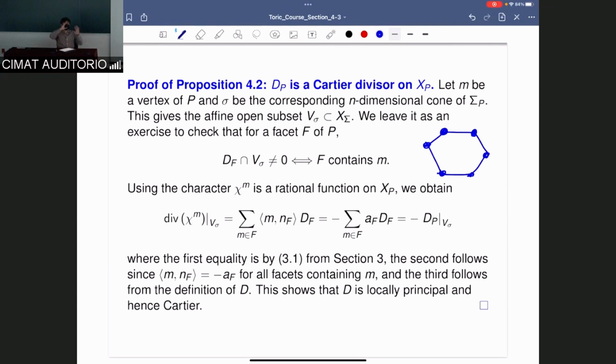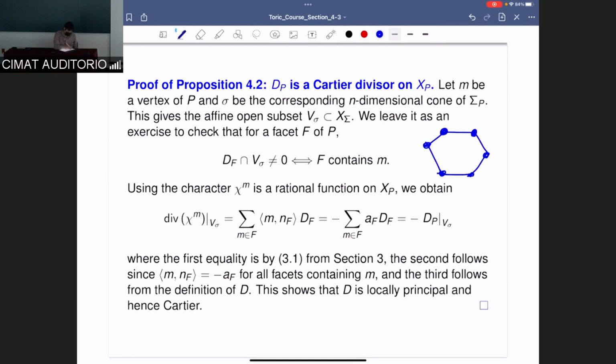And each of those gives you an affine open patch in the variety. And by the way that the orbits are included, that's a cover. If I take, for example, the open patches corresponding to the rays, I don't get the whole variety. I'm missing some stuff. But if I take the open patches corresponding to the maximal cones, I get the whole thing. Then we work over those and show that it is principal there.